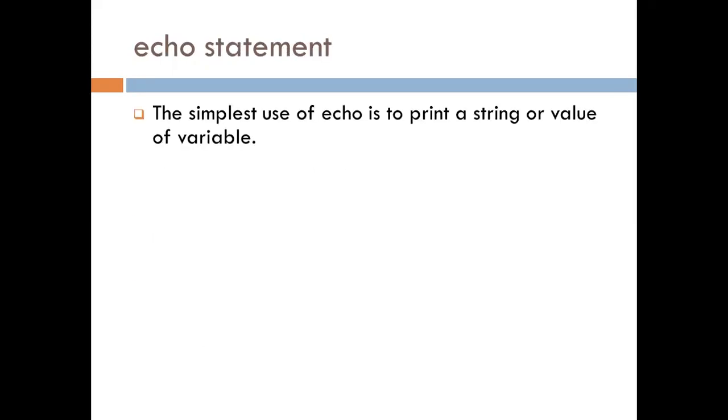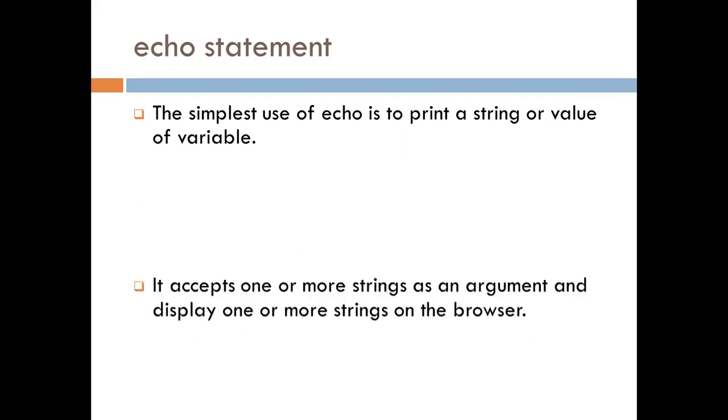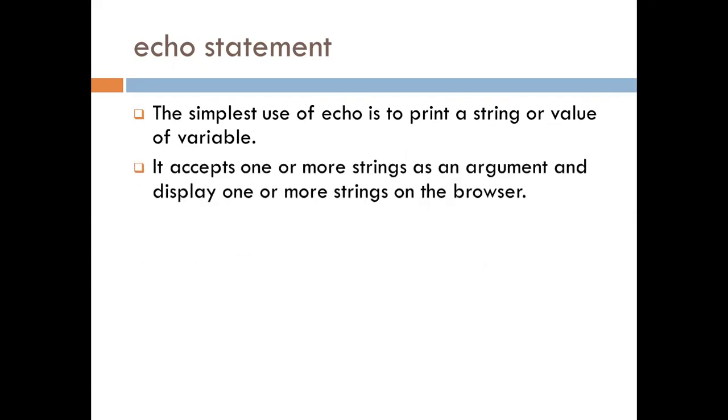Now the echo statement. The simplest use of echo is to print a string or the value of a variable. It accepts one or more strings as arguments and displays them in the browser. For example, echo in quotation marks, hello BPMP.